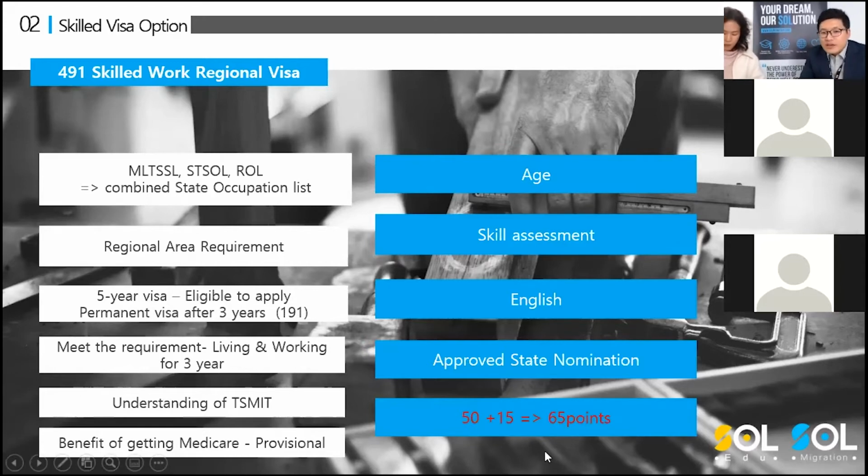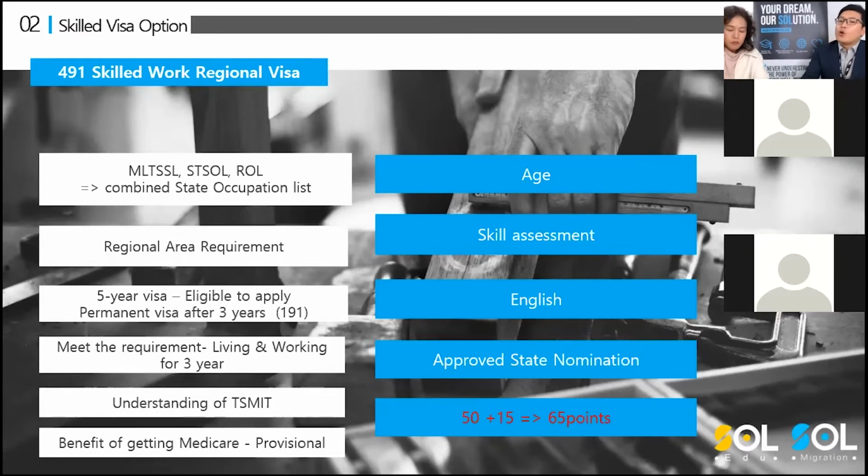Once you get this visa grant, again, this is a temporary visa, so you will get a 5 year visa. During the 5 years, if you meet certain regional requirements for 3 years, then you can apply for the 191 permanent visa.